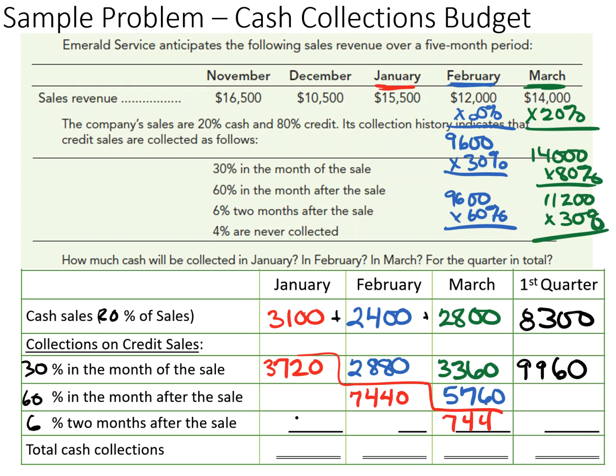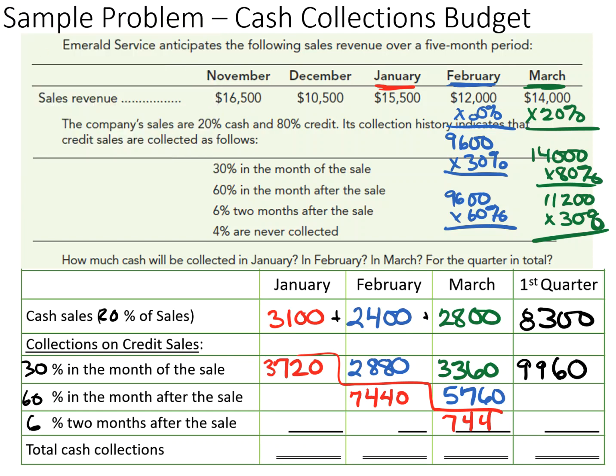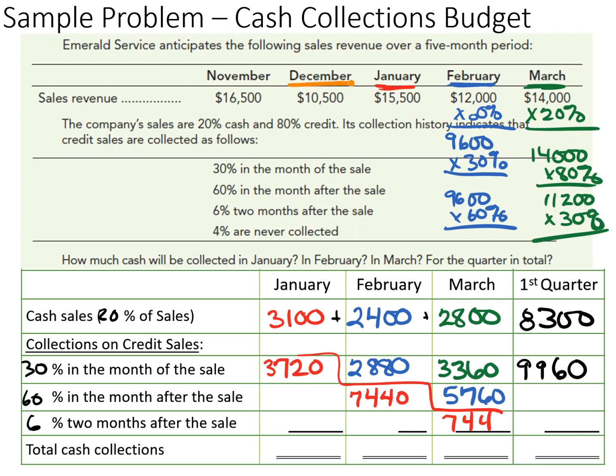So let's go back. Let's go to December. Pick a new color. So we'll do orange for December. So December times 80%. And 10,500 times 80% is 8,400. And we don't have to worry about collected in the month of sale because those would be recorded in December.